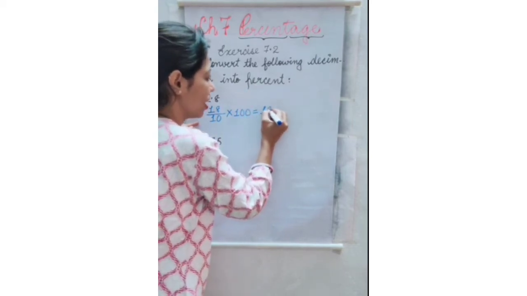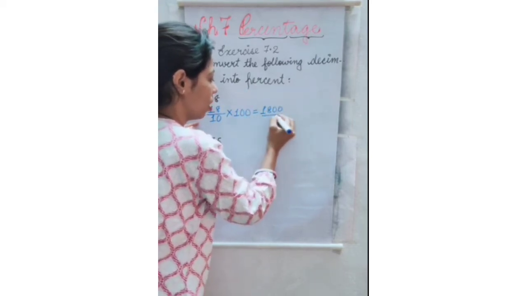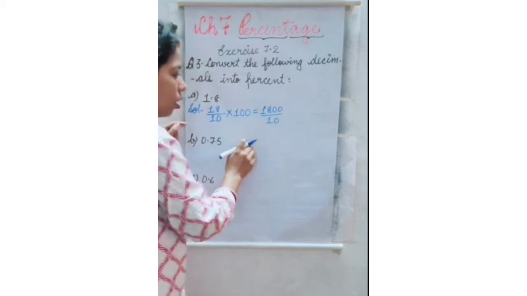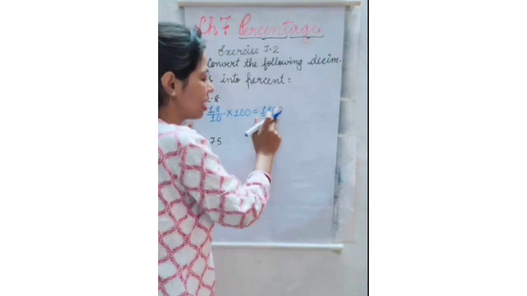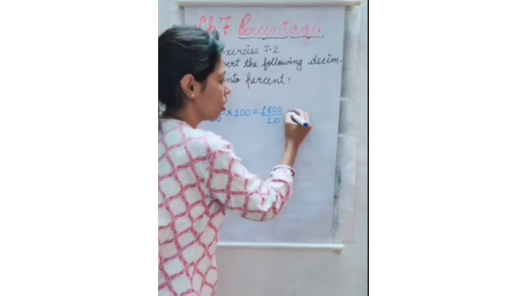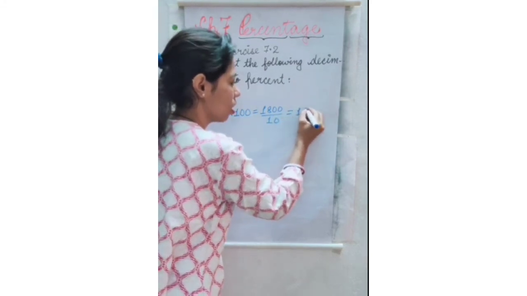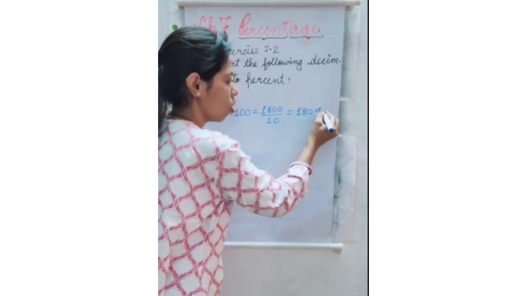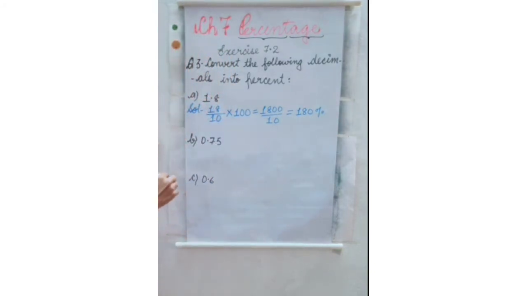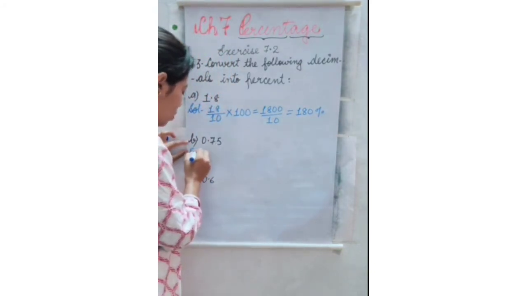It will be 1800 by 10. Here when we divide this 1800 by 10 we will get 180, or we can say 180%.